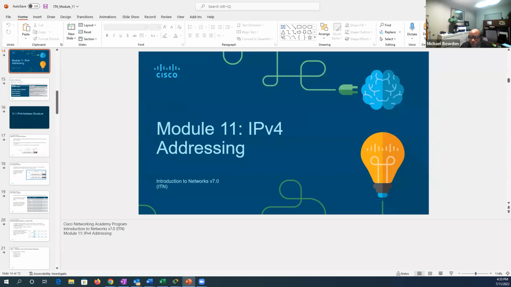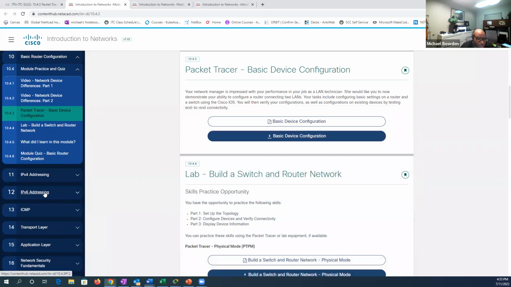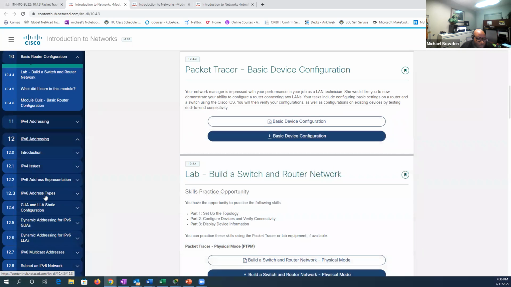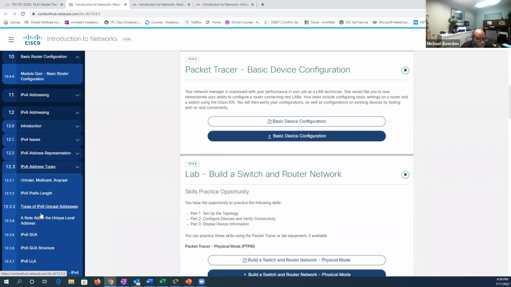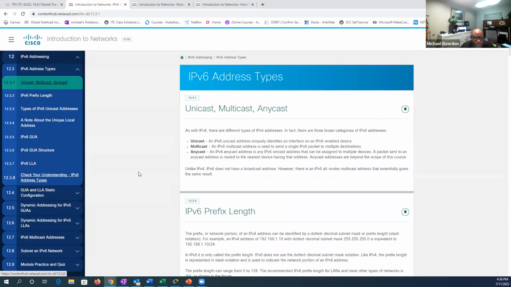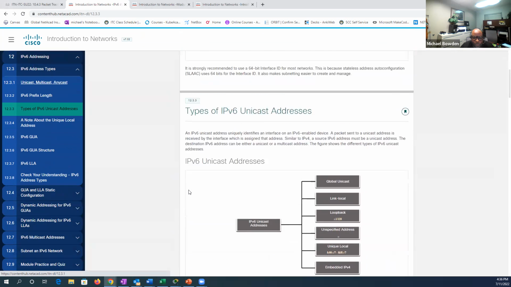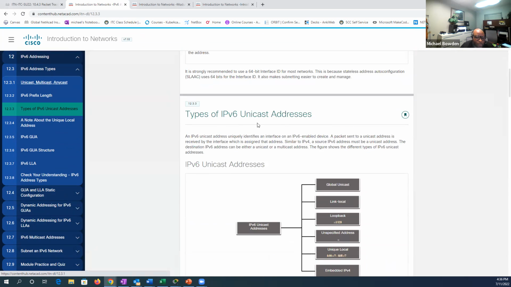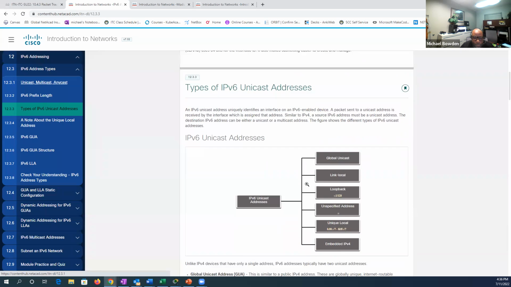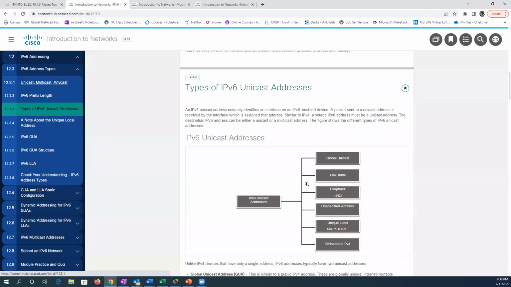I think there's a chart in one of the modules coming up. Probably. Here, these are the types of IPv6 unicast addresses. Okay, yeah, that's what I need.